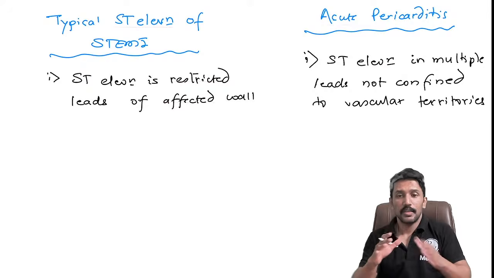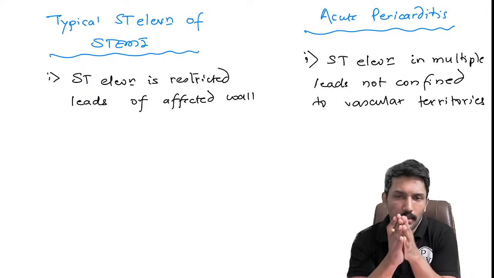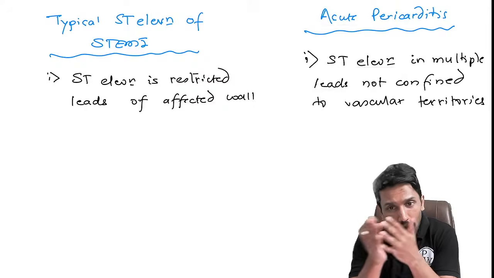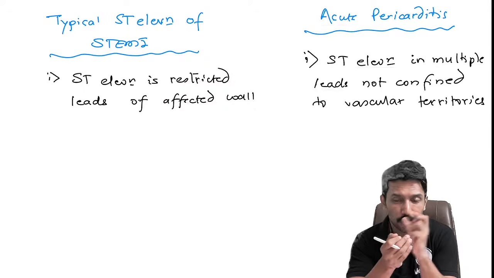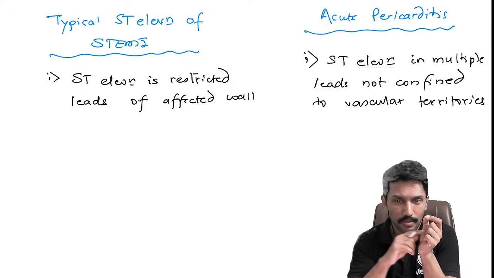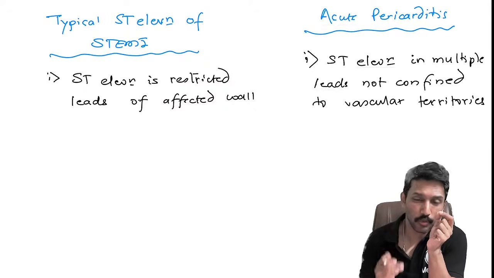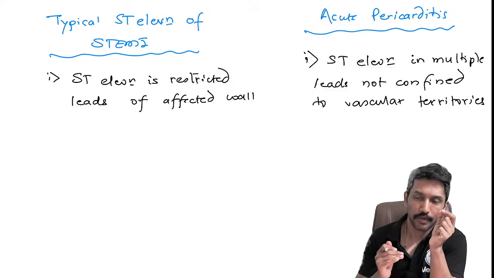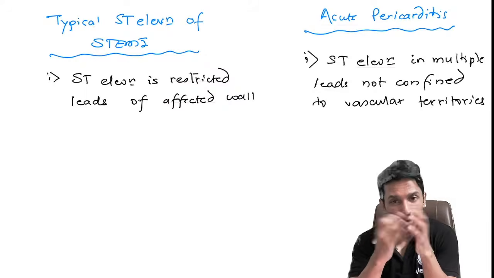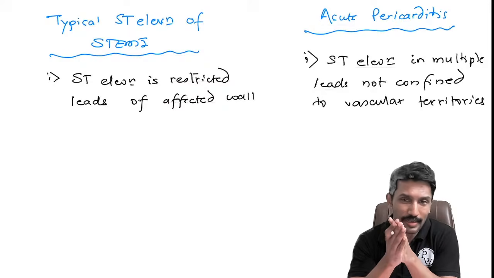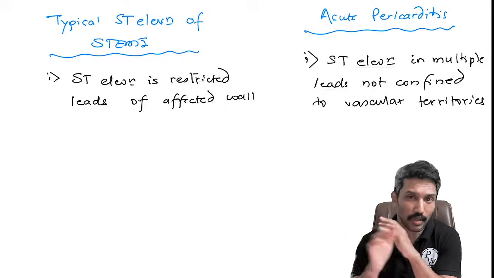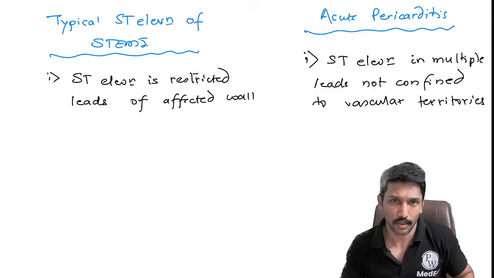In a standard 12-lead ECG, at least some leads have reciprocal leads, like inferior and lateral act as reciprocal to each other. So if I have inferior wall MI, then the lateral wall is supposed to show reciprocal ST depression. And if I have lateral wall MI, the inferior wall is supposed to show reciprocal ST depression. But that rule of reciprocality is not usually seen in acute pericarditis.